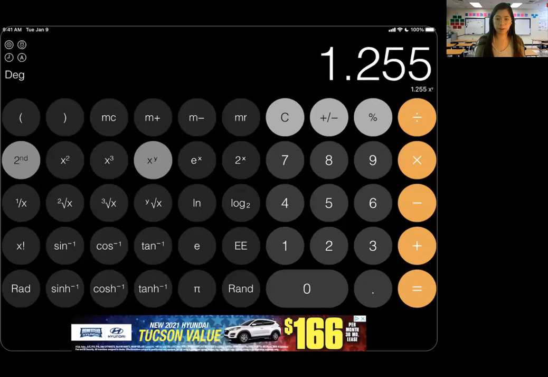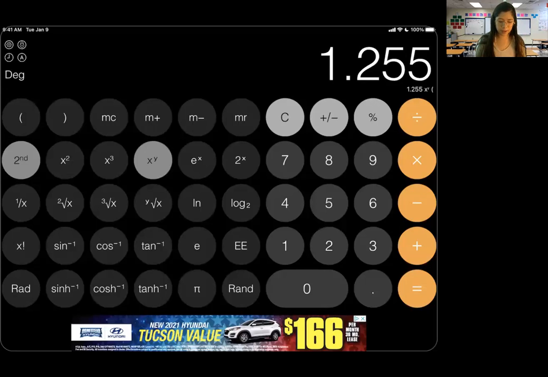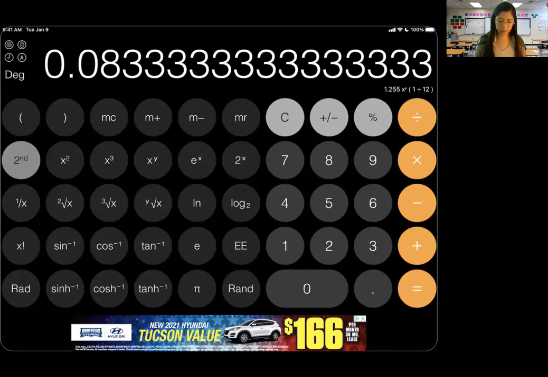I'm going to type in 1/12, but I'm going to use my parentheses to do so. So I open my parentheses, 1 over 12. Oops, I did 1 over 2. Hold on, I've got to start over. Okay, 1.255 to the power of, parentheses, 1 divided by 12, close those parentheses.